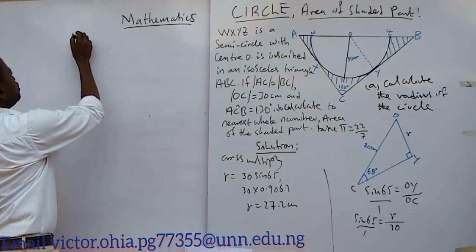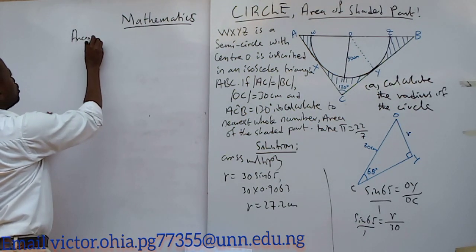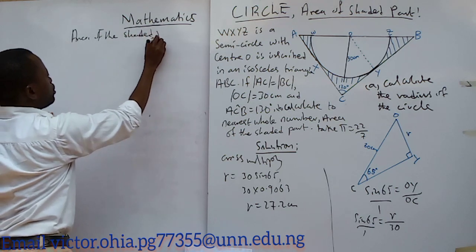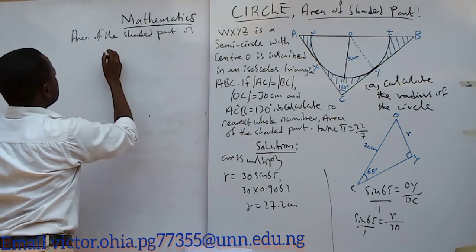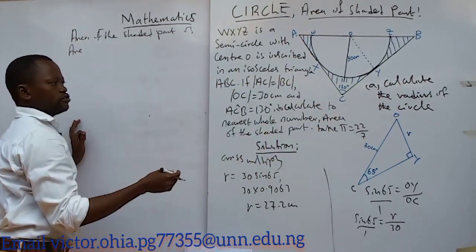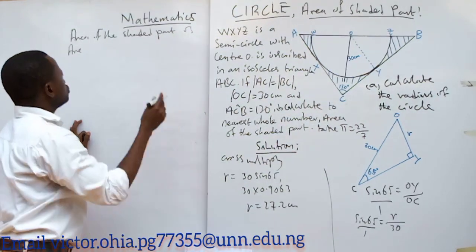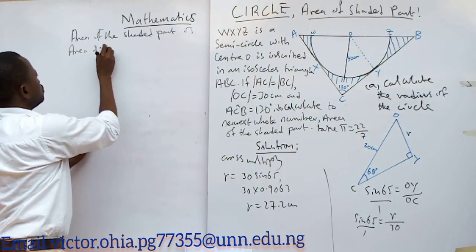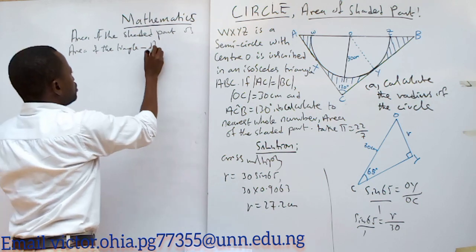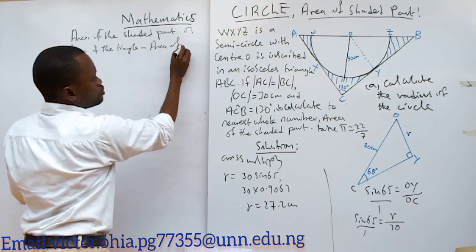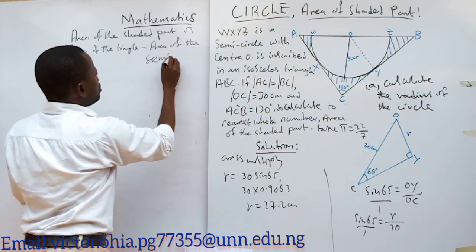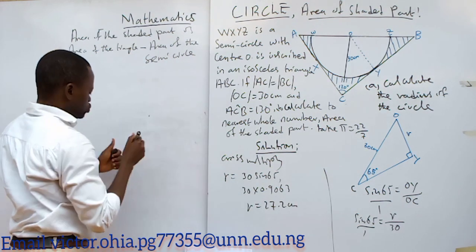The area of the shaded part is, because this semicircle is inscribed inside the triangle, so the triangle should be bigger, area of the triangle minus area of the semicircle. That's what it will be.